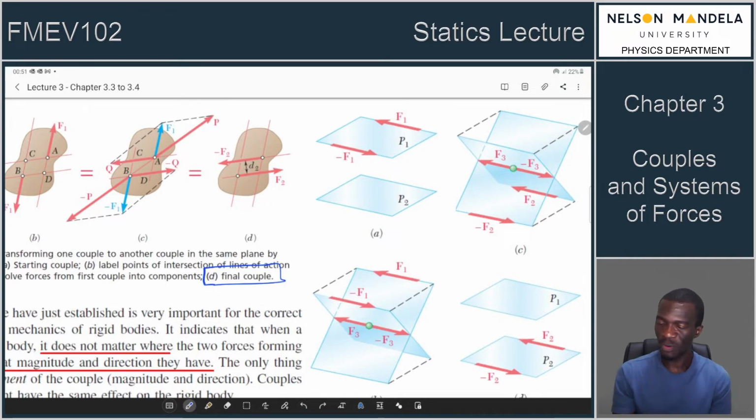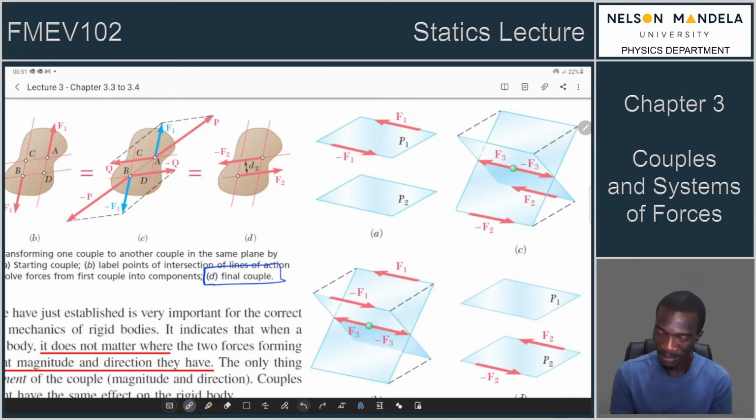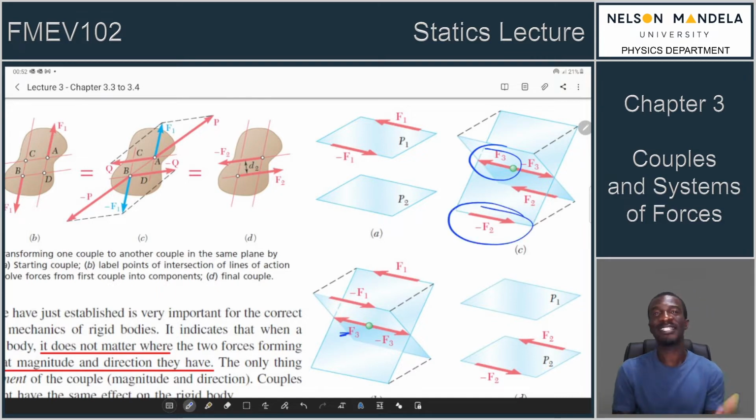By virtue of this force being non-existent because it's a zero force, the effect that you found from the couple generated by F1 and F3 on the same plane, and another couple generated by minus F1 and this F3 on the same plane, is the same effect that you will get if you have this F3, which was still here, and another force that is pointed in a different direction to create a couple.